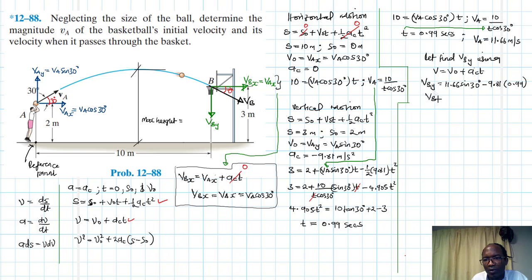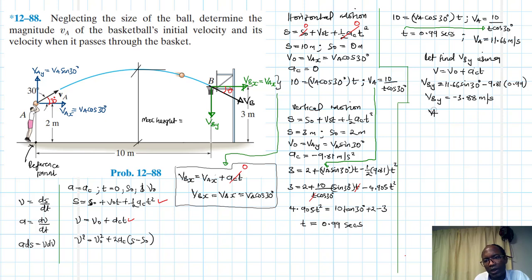Therefore our VBY is minus 3.88 meters per second.